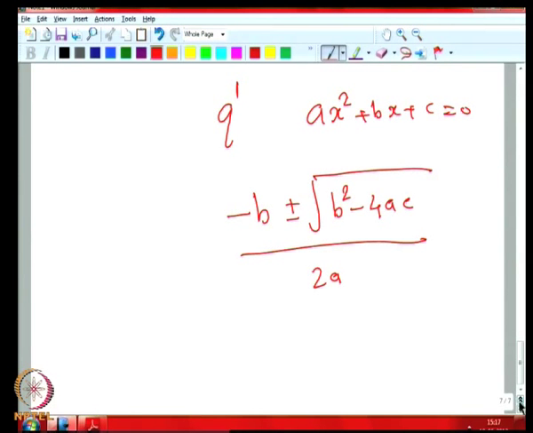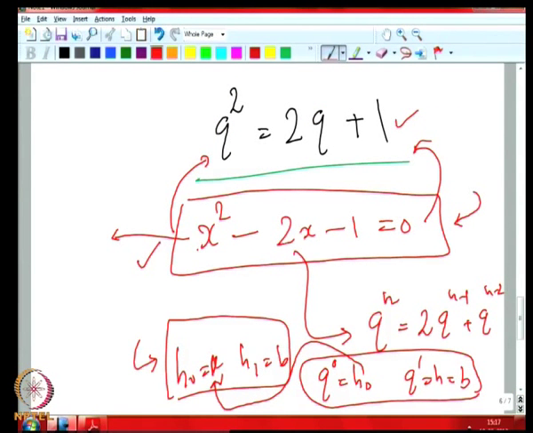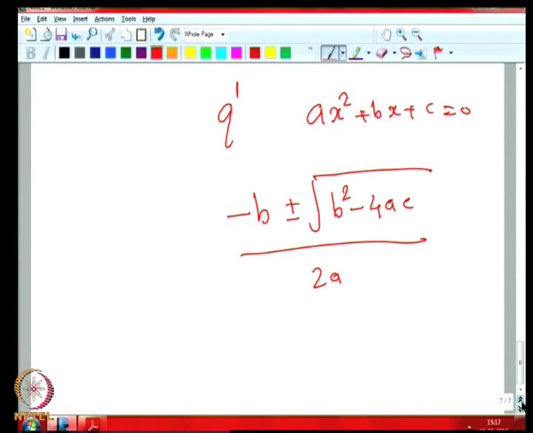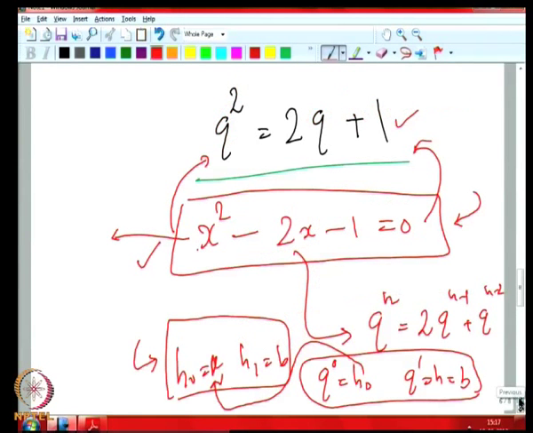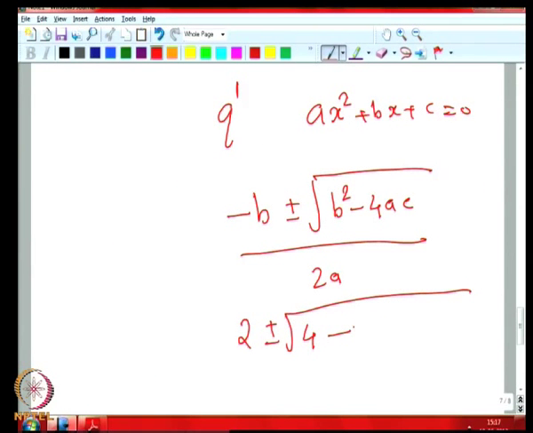Now in this case we have a equal to 1, b equal to minus 2, c equal to minus 1. So this will be 2 plus or minus root of 4, and since c is minus 1, minus 4ac will be just plus 4, divided by 2 into 1.